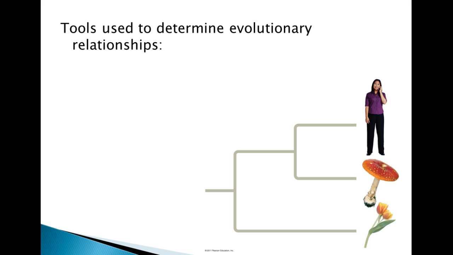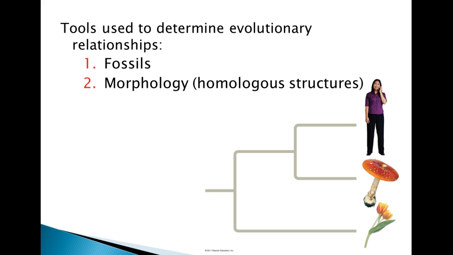Okay, there are three tools biologists use to determine evolutionary relationships. Let's also get these in your notes. The first is the use of fossils, or the remains of living organisms, or their imprinting on rocks. The second is to look at the morphology of organisms.